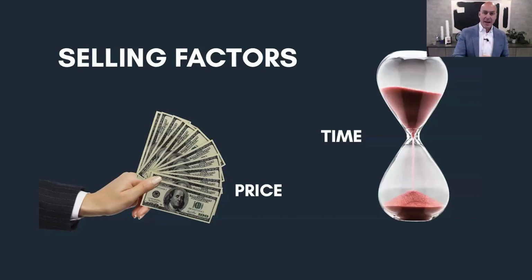On the other side of that, if you give any property enough time, it will sell. In our world, though, the clock is usually ticking in regards to time, because we have a signed listing agreement that is either giving us 60 days, 90 days, 6 months, 12 months to get this property sold.